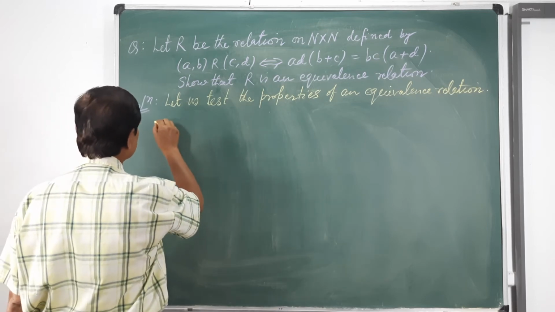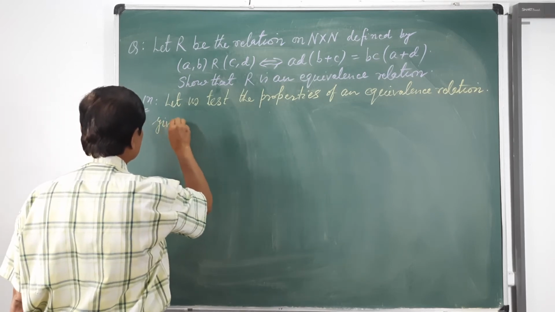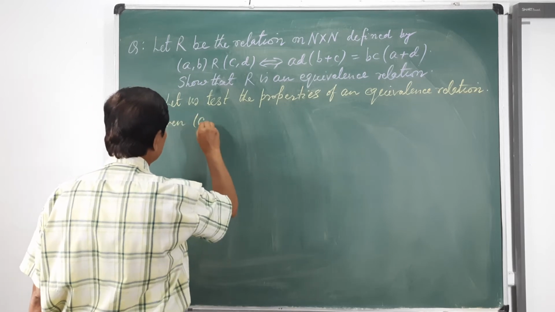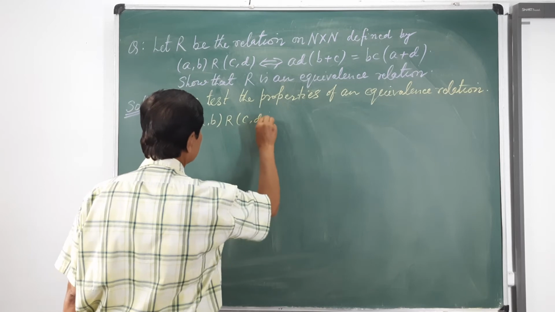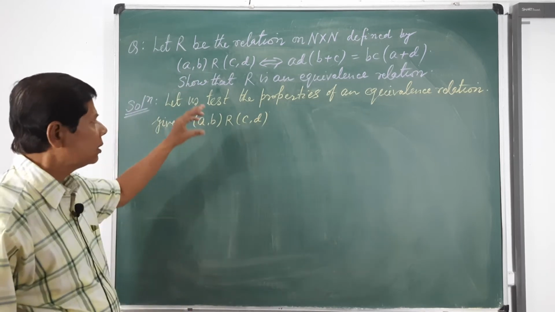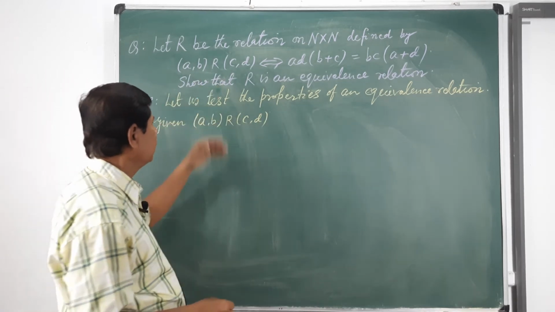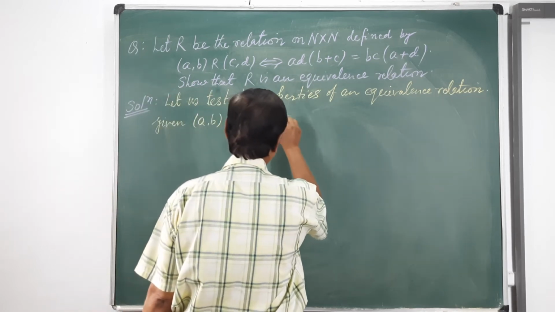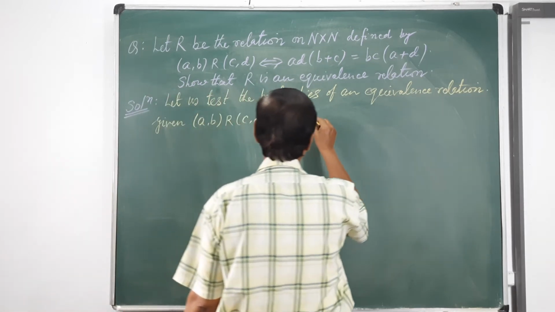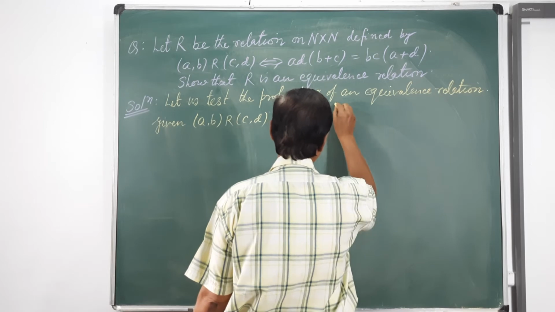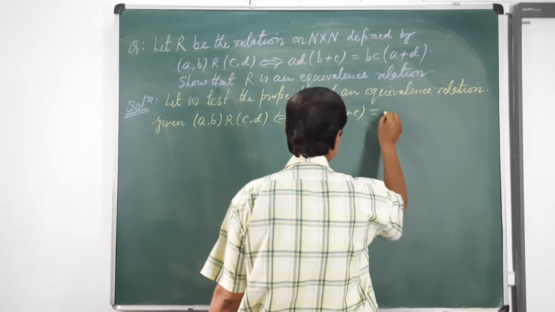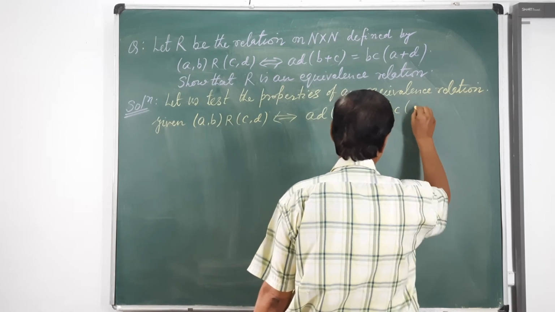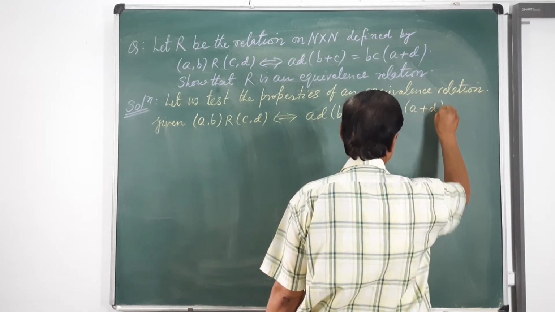Now, here given (A, B) related to (C, D). Before reflexivity, let us solve the given relation a little bit. Implies and implied by AD times (B plus C) equal to BC times (A plus D).